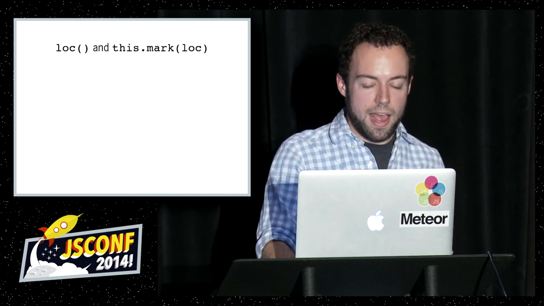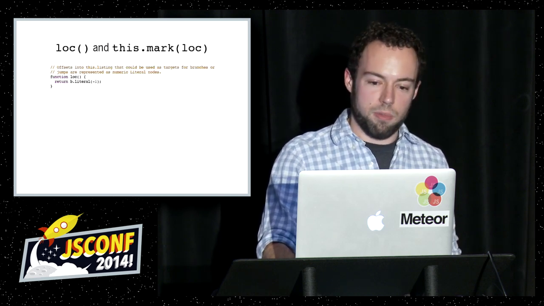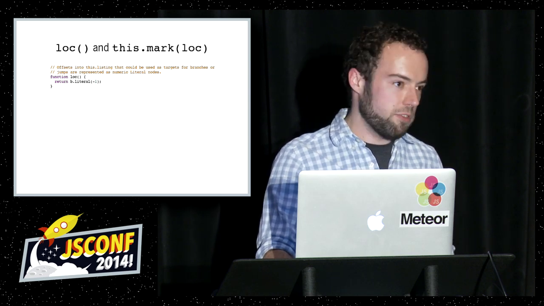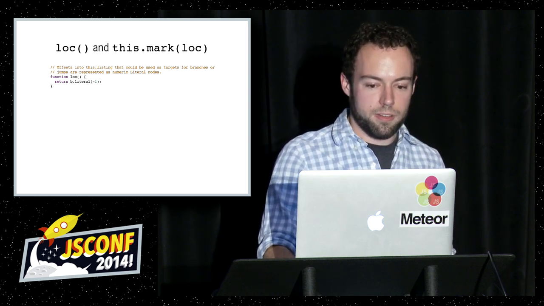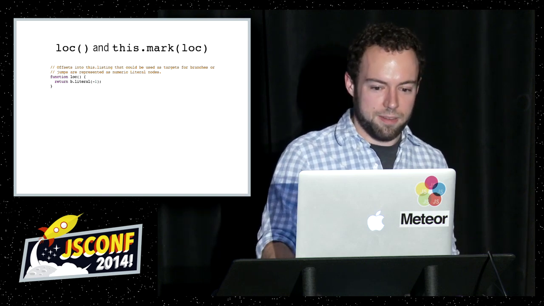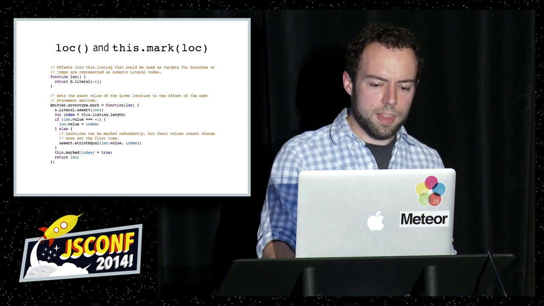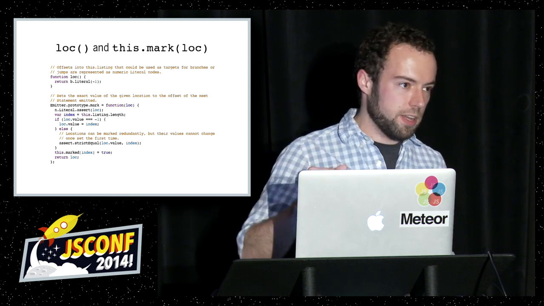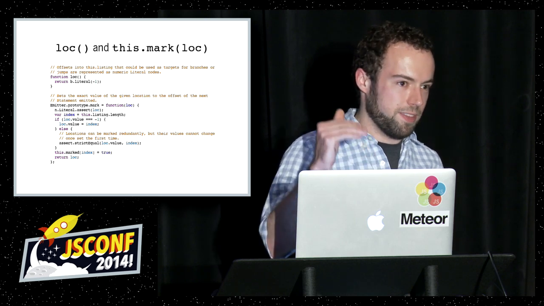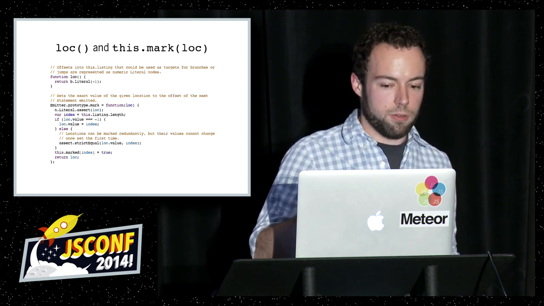So how does loc work? It's actually dead simple, the simplest thing in the talk. It returns a literal abstract syntax tree node object, initialized to -1, just as a sentinel for not good yet. When we mark it, we're keeping a listing of all of the statements that we've emitted so far, so we know what the location of the next one is going to be.